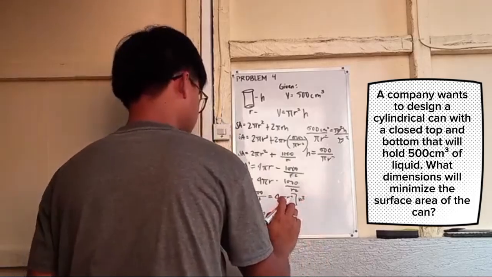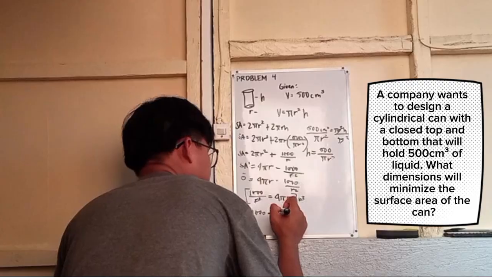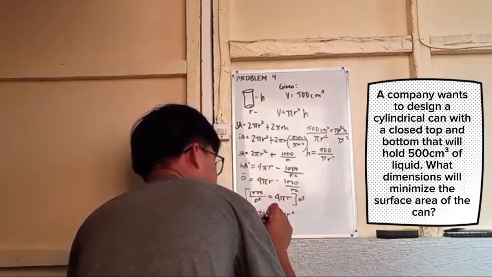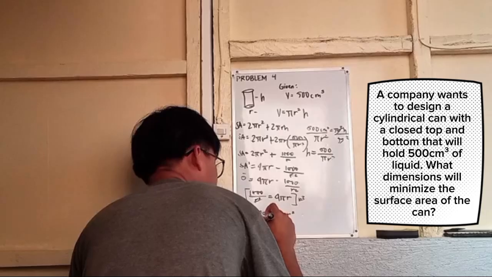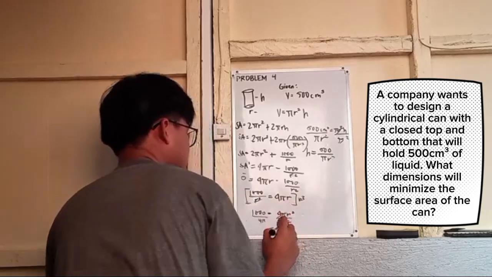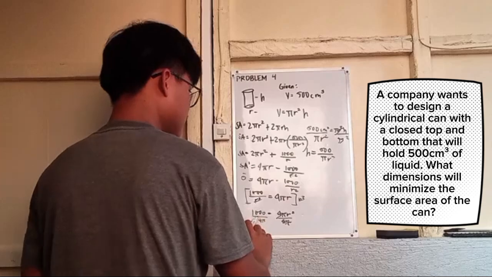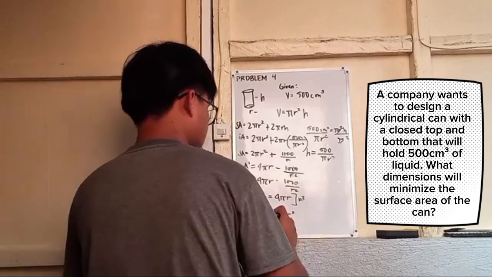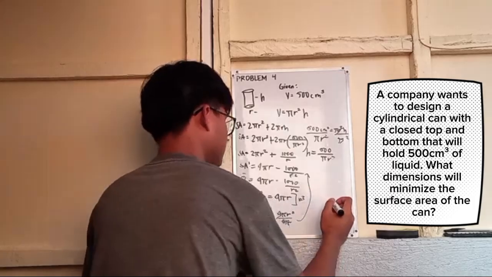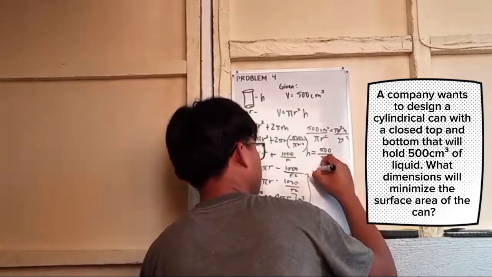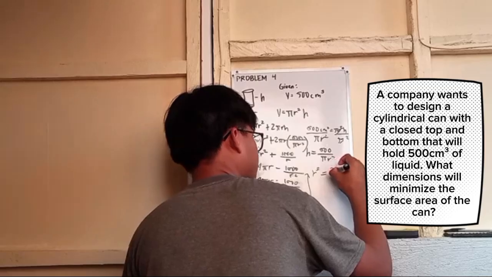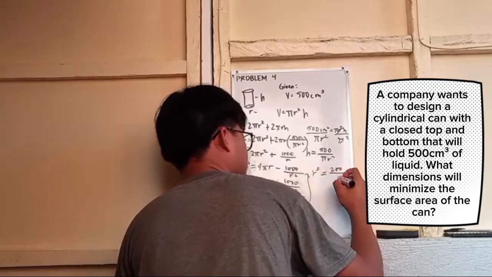Then divide both sides by 4 pi so that r cubed will remain. So 4 pi cancels. Then simplify. So we have r cubed is equal to 250 over pi.